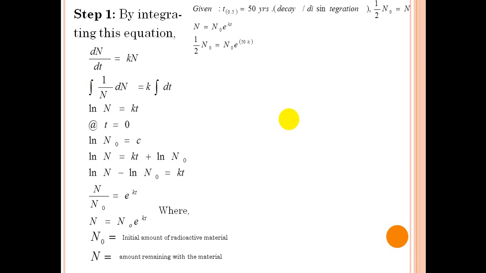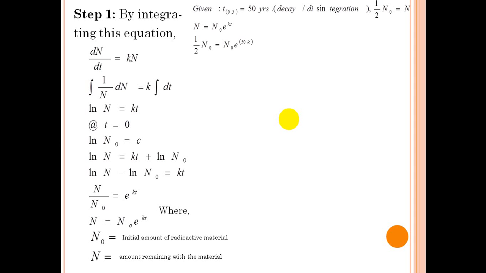Given that t sub 1/2, or the half-life, is equal to 50 years, and since this problem is about disintegration, it is all about decaying. And given the amount N equals 1/2 of the original amount, substituting these values into the equation that we obtained in step 1, we have 1/2 N sub o equals N sub o times e raised to the power of 50k.